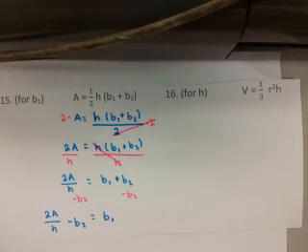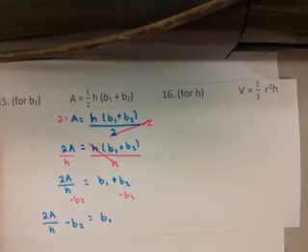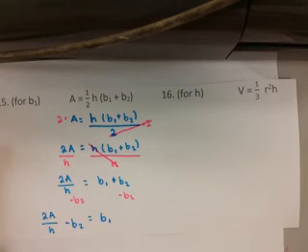So just to give you a heads up, this is the equation for the area of a trapezoid. And there are definitely times in geometry where you will have to solve for one of the bases in the problem. So this is very helpful that you're able to rearrange the equation so that you can solve for different pieces of the trapezoid.